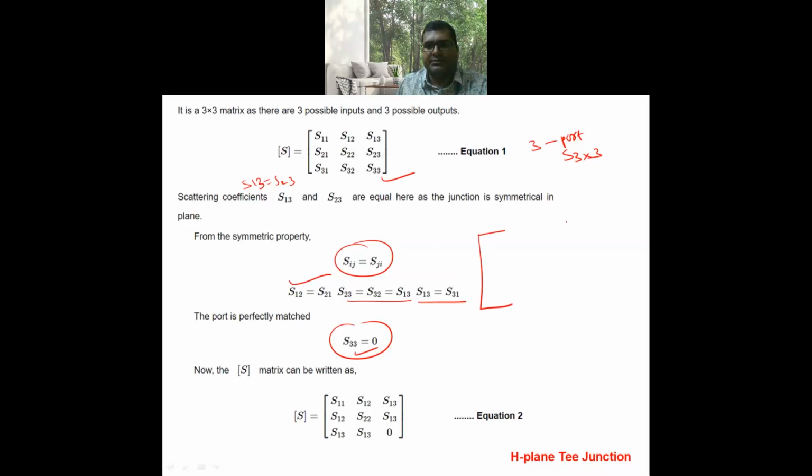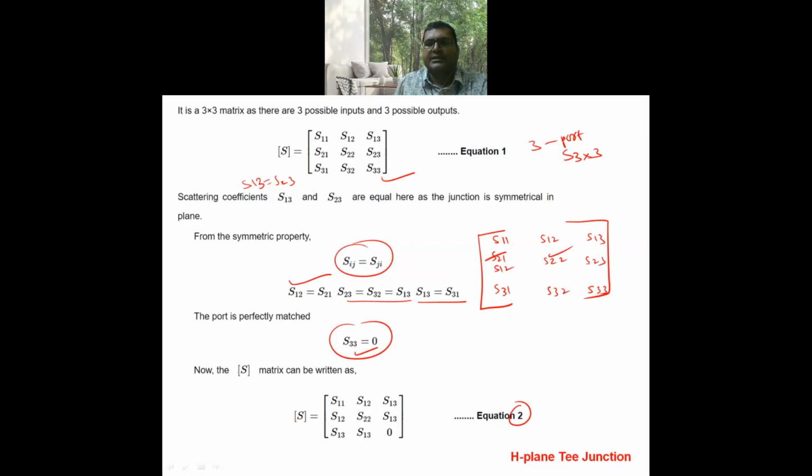Now, how did we get equation number 2? Let us discuss. It's S11, S12, S13, S21, S22, S23, S31, S32, S33. Here S21 from the symmetric matrix property is S12. S12 is as it is.